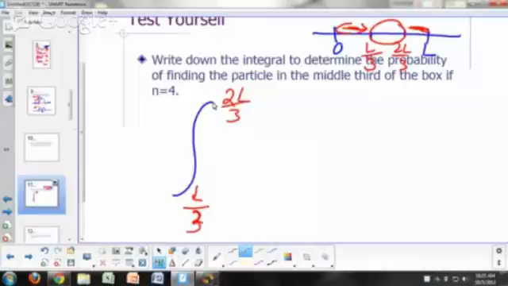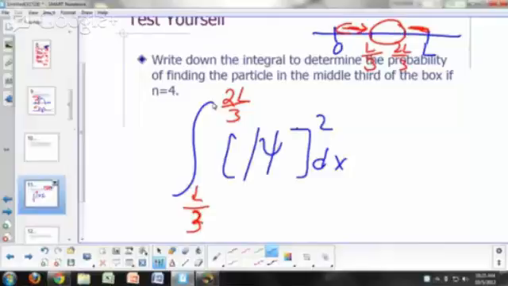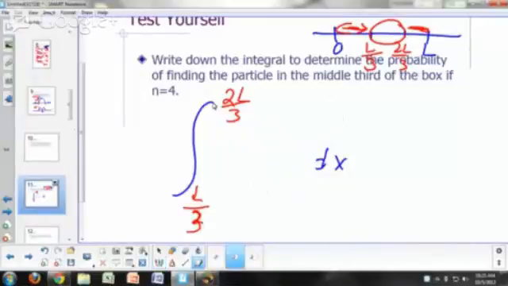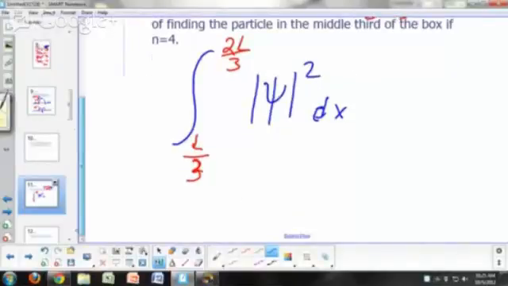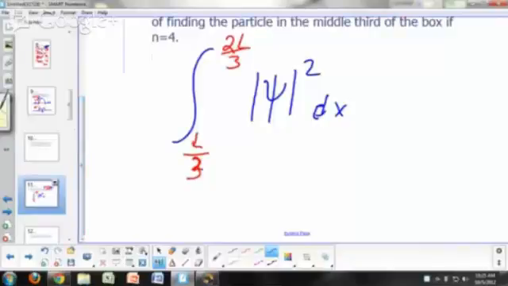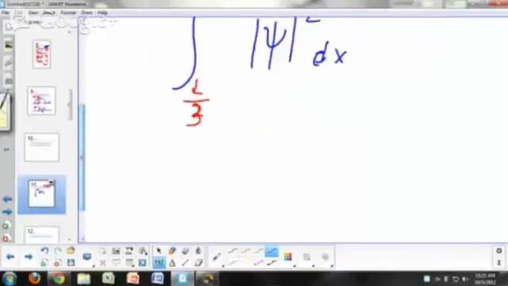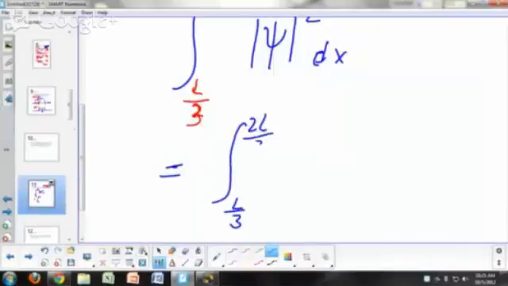And what is it you're integrating? The absolute value of psi squared dx. Let me write this. Well, let's plug in the function. So that's going to be the integral with limits L over 3 to 2L over 3.